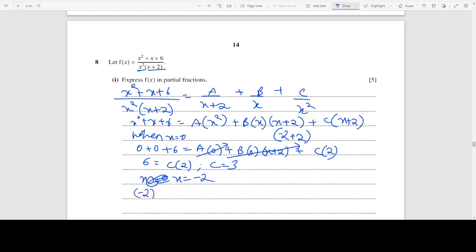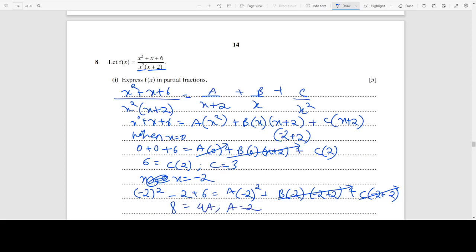So minus 2 the whole square minus 2 plus 6 equals a into minus 2 the whole square plus b into minus 2 plus 2, which is 0, plus c into minus 2 plus 2. Both of these go to 0, and we get 8 equals 4a, a is equal to 2.